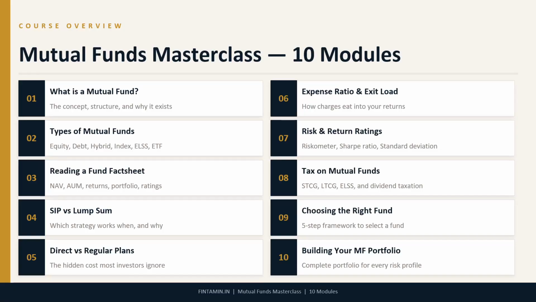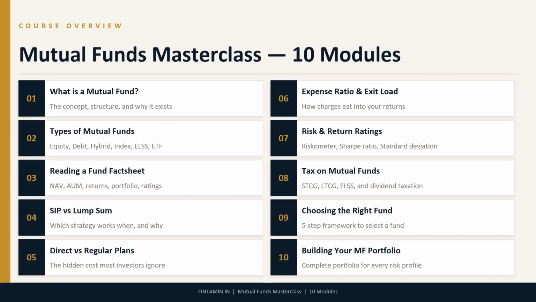Module 1 explains what a mutual fund is and how it works. Module 2 covers the different types such as equity, debt, ELSS, and index funds. Module 3 teaches you to read a fund fact sheet. Module 4 is SIP versus lump sum and the magic of compounding.